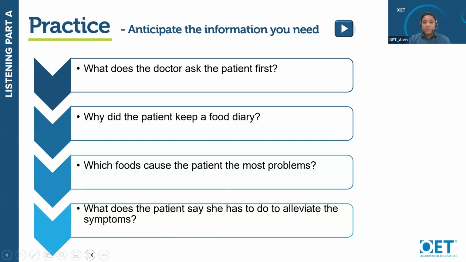I'd like to get some more information about what's happening with your bowels. I'm wondering if you've noticed anything which triggers the diarrhea you've been having. Well, I've actually been keeping a food diary to see if I could pinpoint which foods are affecting me. The diarrhea flares up after I eat pasta or bread made out of wheat flour.